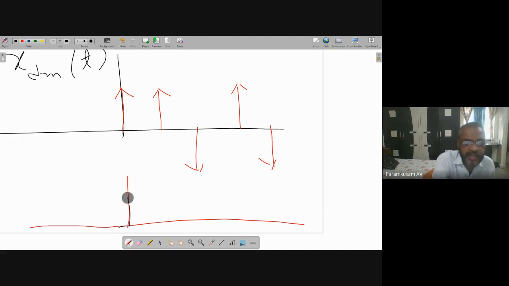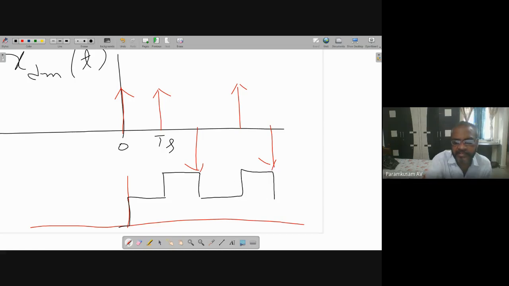You will be getting a step output at 0, at Ts again a positive impulse, again positive, at 2Ts a negative impulse, again a positive impulse, again a negative impulse, like this.